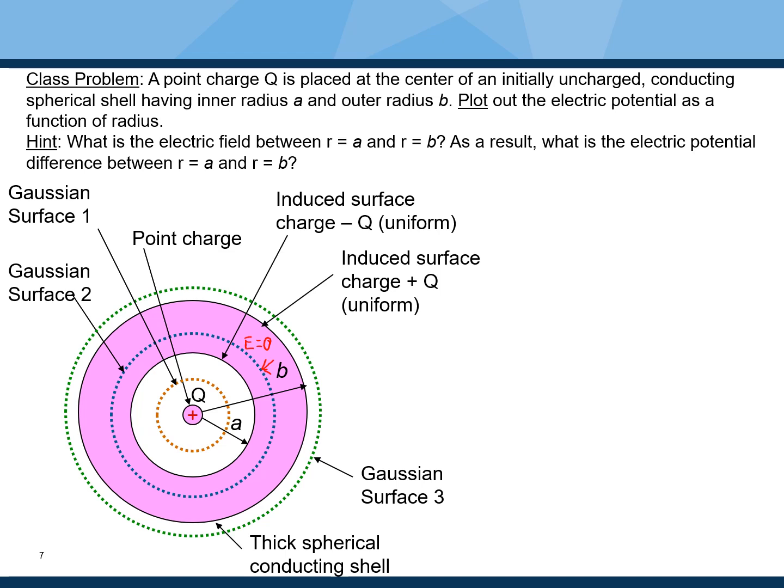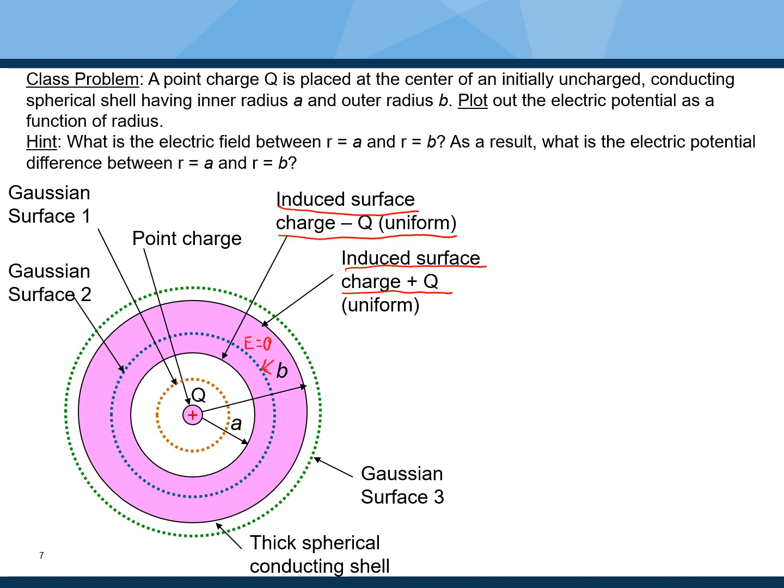And therefore, if I have 0 flux across the blue closed Gaussian surface, it means that the total charge inside must be equal to 0, which means that the only way this can be achieved is if there is an induced surface charge of minus q on the inner boundary of this conductor. Of course, if an induced charge of minus q goes to the inner boundary of the conductor, an induced charge of plus q goes to the outer boundary of the conductor. And so that is the arrangement that we have.